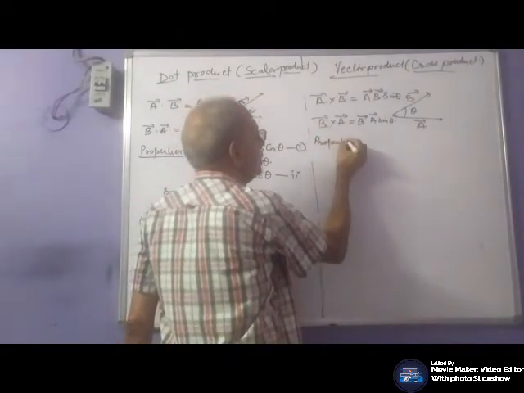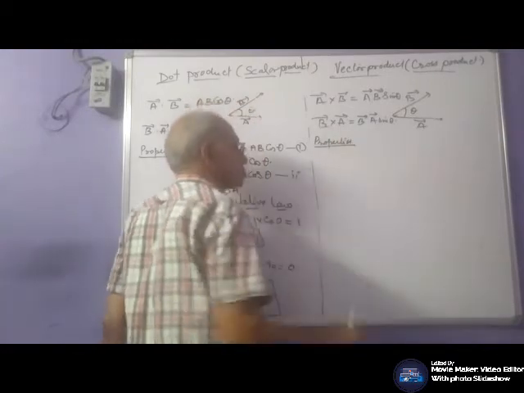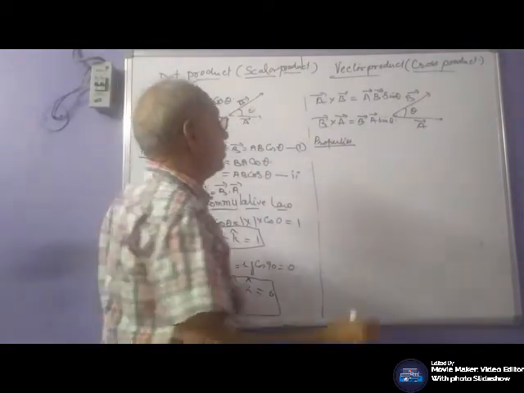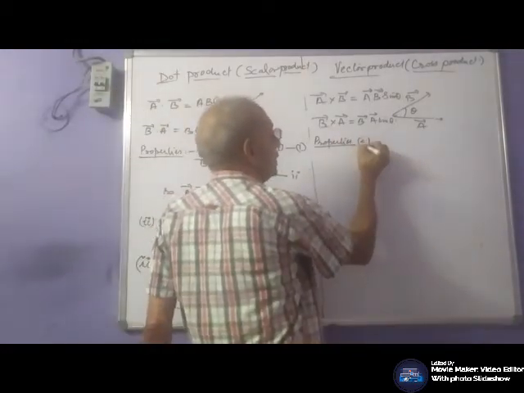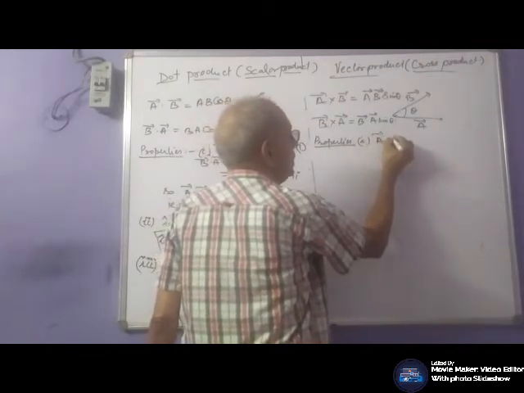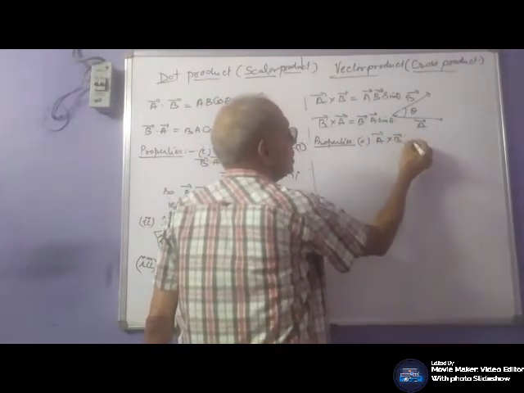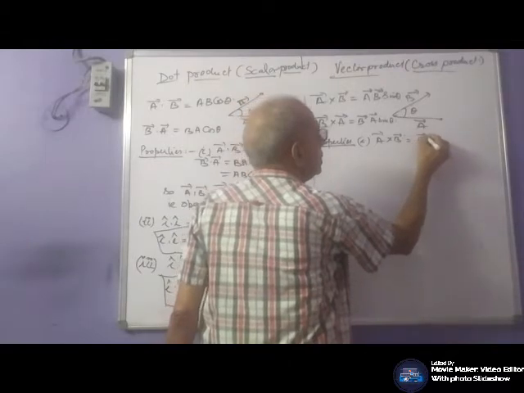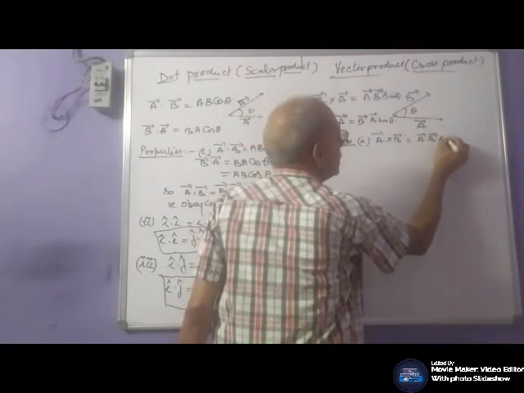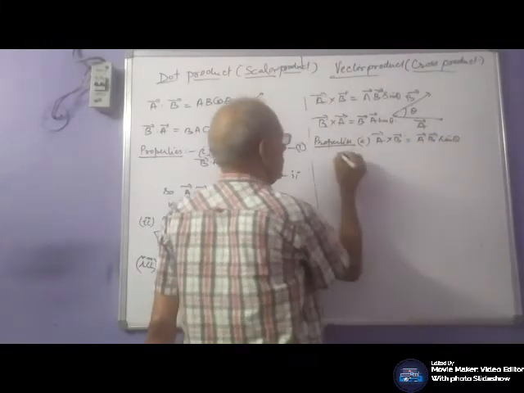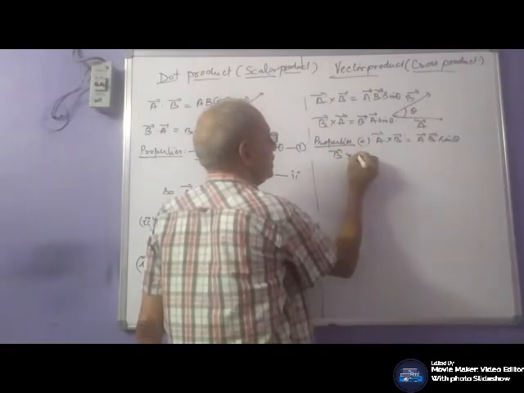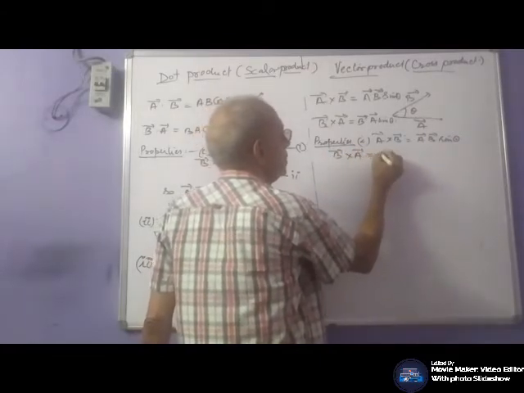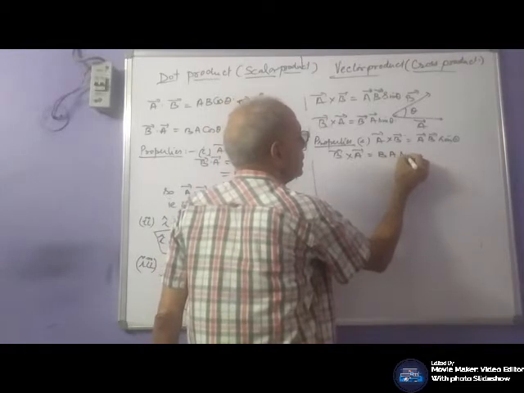Properties. First, A cross B is AB sin theta, and B cross A is BA sin theta.